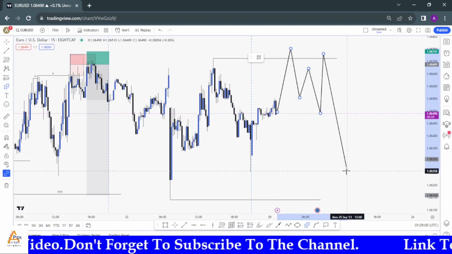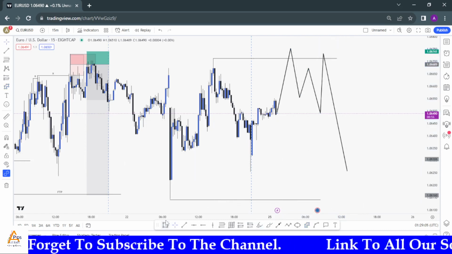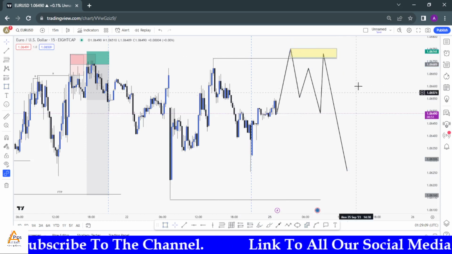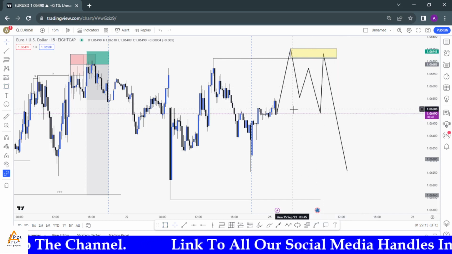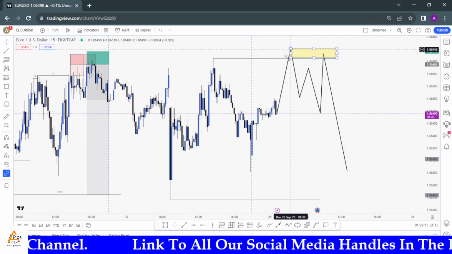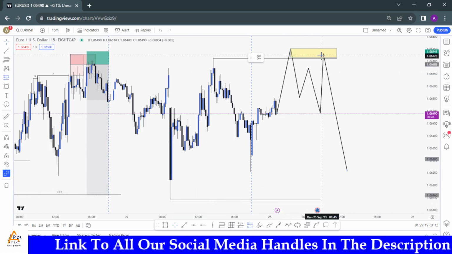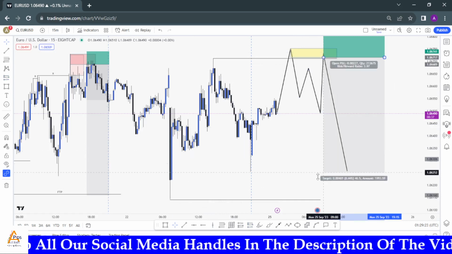Now, if that is your strategy, make sure you get all this confirmation that you are looking for. Make sure you get them before you make your entry. You don't just say, oh, price got here, it has taken liquidity, you enter the market. No. You wait and get all the confirmation you are looking for.